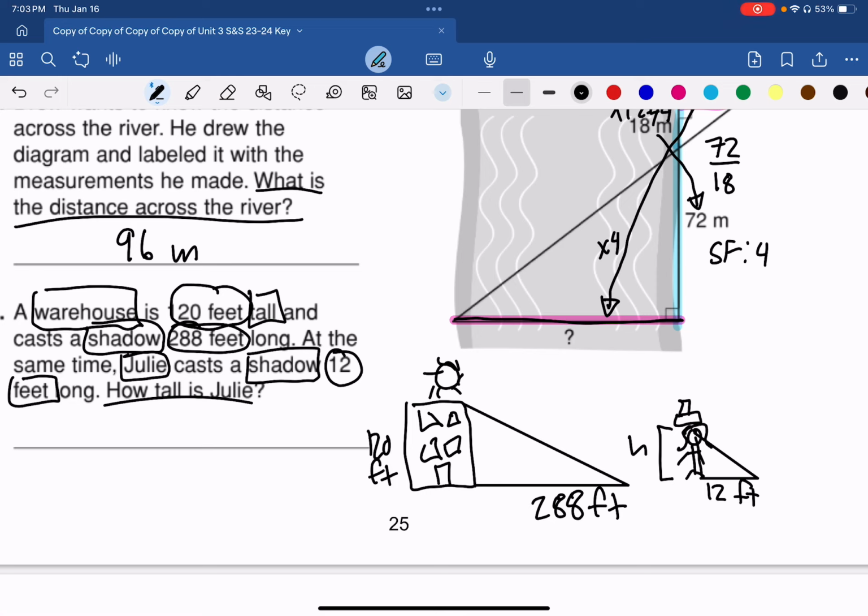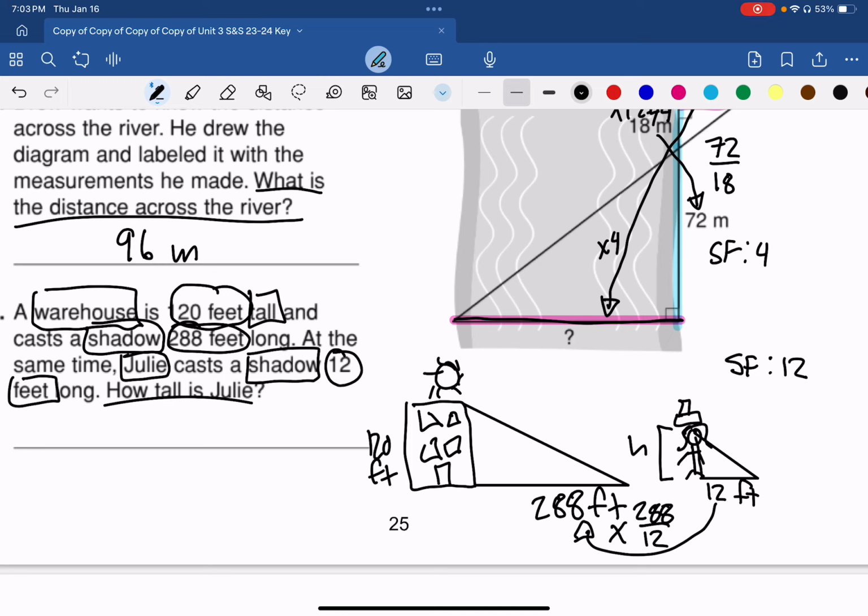I haven't really shown you scale factor when we go smaller. There's two ways to do this in the way I showed you the other day. We go from small to big, so 12 to 288. We find the scale factor. So you do 288 divided by 12. 288 divided by 12. And you get that the scale factor is 12.